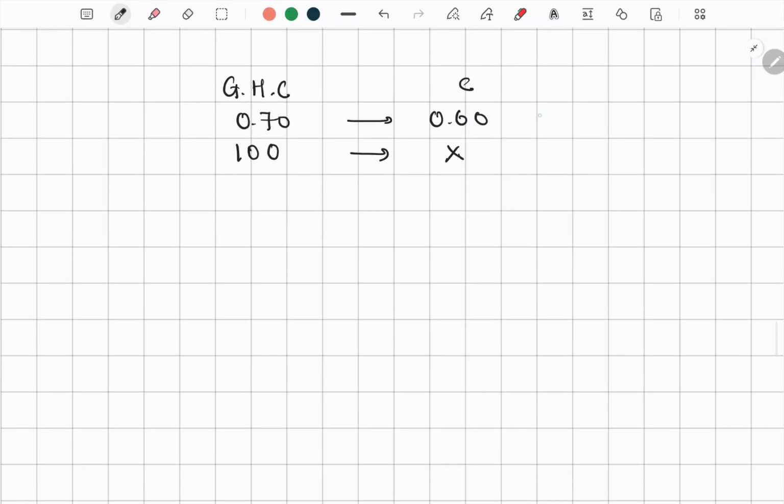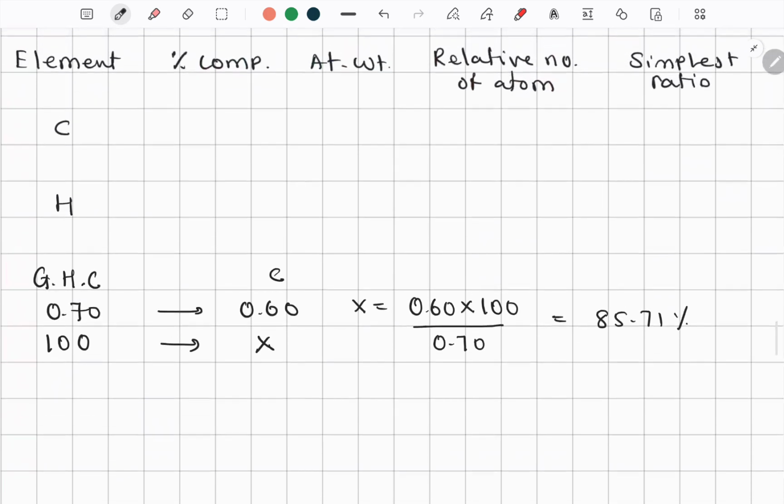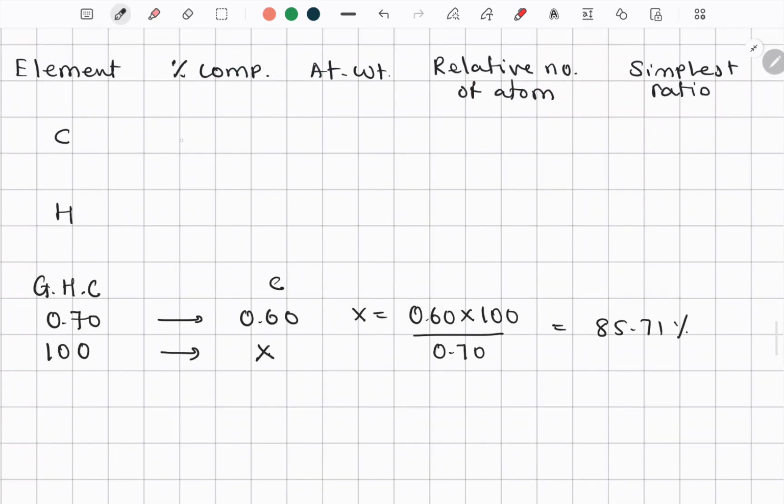Therefore the value of x would be equal to 0.60 into 100 divided by 0.70, and when you calculate this fraction, you get 85.71 percent. Now we got the percentage of carbon, which is 85.71%.